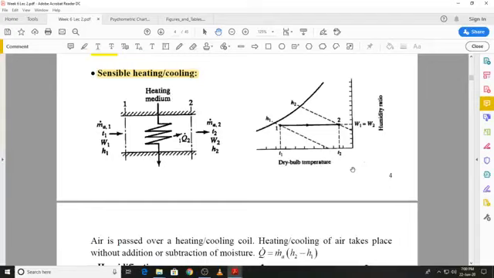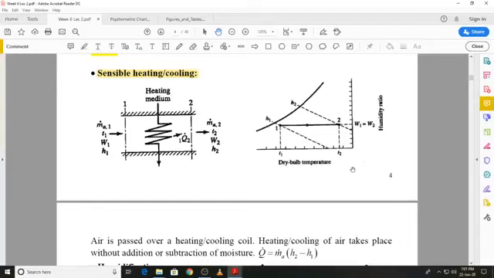For example, you can have steam passing through those tubes, and when the air passes over the tube bank, it is sensibly heated. On the other hand, if you are trying to cool the air sensibly, then you will have a cooling medium passing through a tube bank, which will be now a cooling coil, and when the air passes over the cooling coil, its dry bulb temperature will decrease.